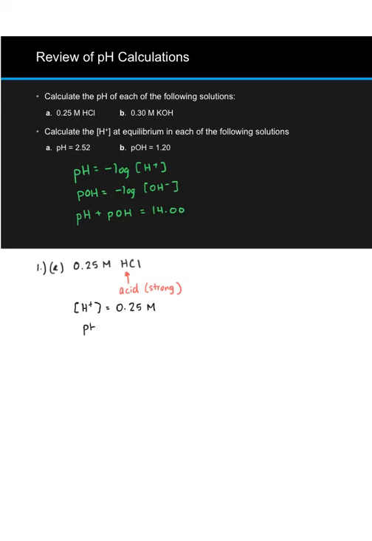The pH is the negative log base 10 of that concentration, 0.25. If we punch this into a calculator, negative log of 0.25, we'll get 0.60. A good rule of thumb for sig figs when dealing with pH is just to keep 2 digits past the decimal point.